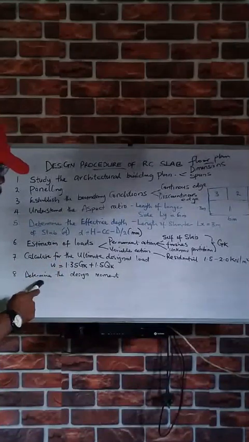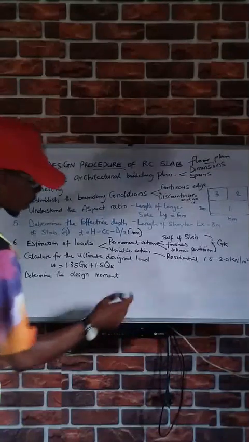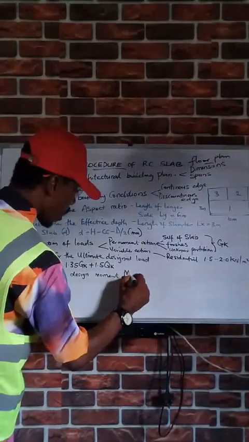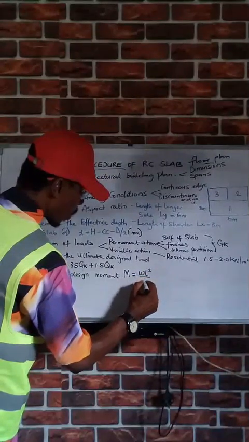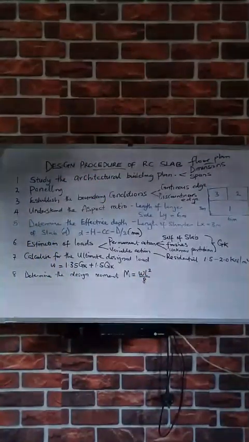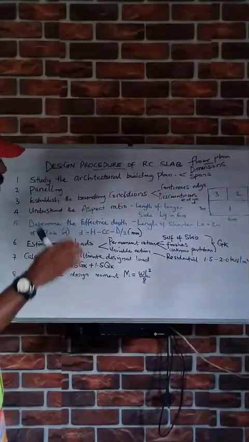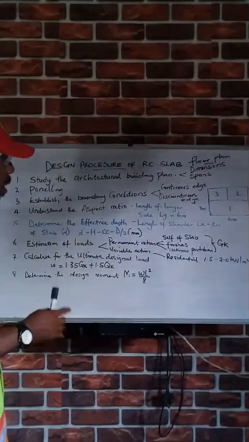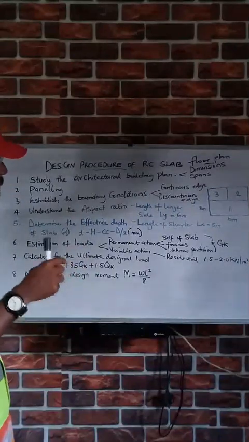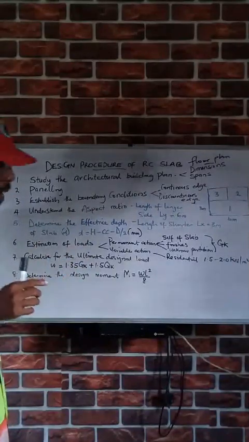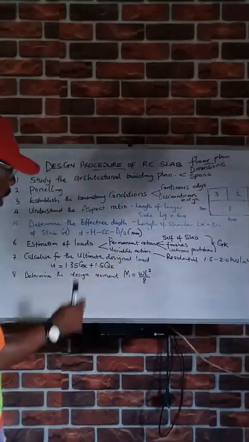So to determine the moment, in this context, we can adopt M equal to WL squared over 8. This is the maximum moment that will be generated at that short span, because our emphasis is mainly on the short span.